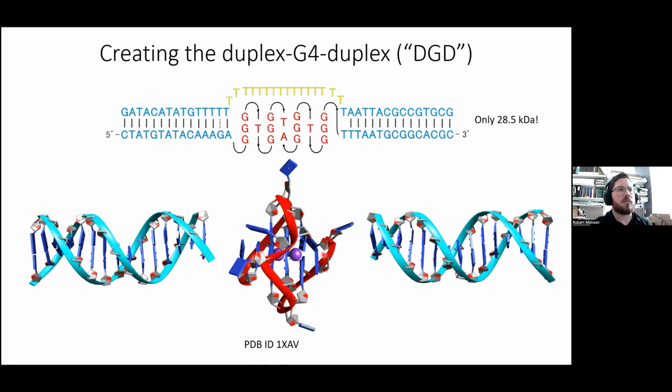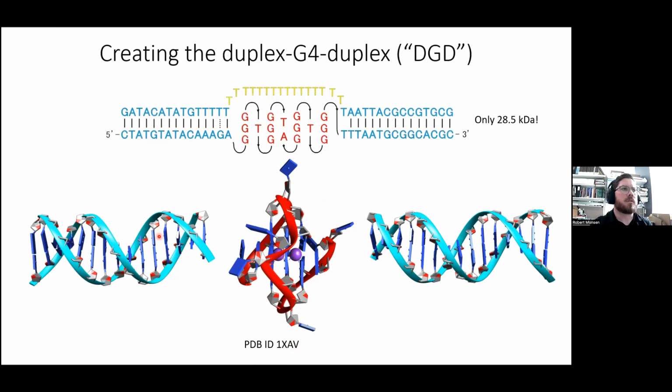This was solved by solution NMR, and it is a parallel conformation G-quadruplex, which we've found, and others have shown, is the most common promoter conformation of a quadruplex. It's also a model system for quadruplex studies because it has a very high thermodynamic stability, so we were able to stack the deck and ensure that we get an actual quadruplex to form.